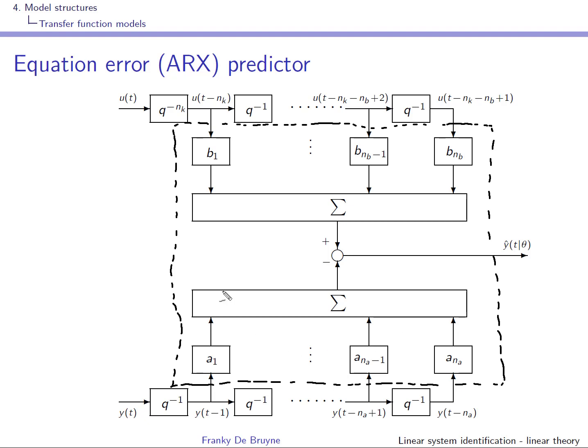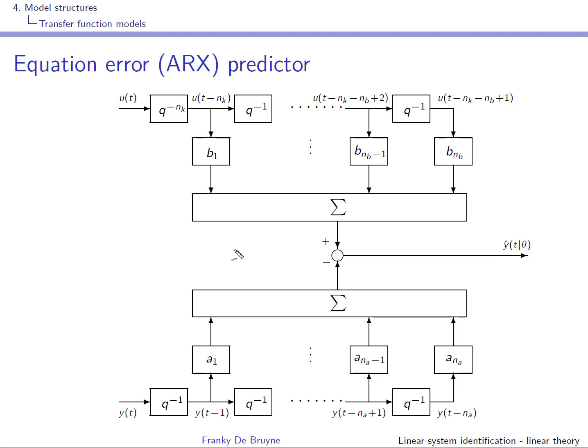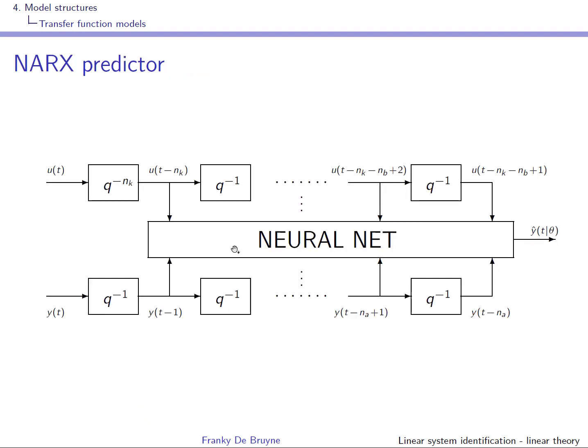So what you could do is replace what is inside the box with a neural network, for instance, and this is what is shown in the next slide.